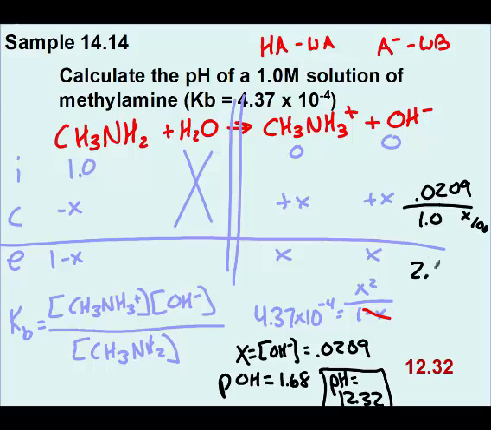Solving that out, I get 2.09% dissociation, which is less than 5%, so I was correct in being able to eliminate that minus X. So my X was 0.0209. So to find my pOH, I negative logged it. And to find pH, I'm going to do 14 minus my pOH, giving me 12.32.